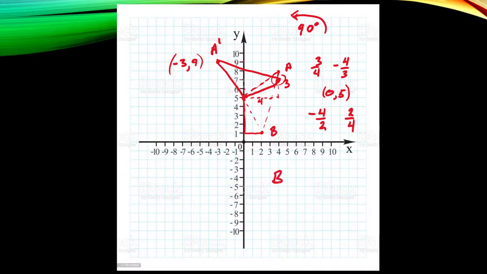Point B would be 4, 7. And the point of rotation was 0, 5. Note that since we specified that as the point of rotation, it didn't move.